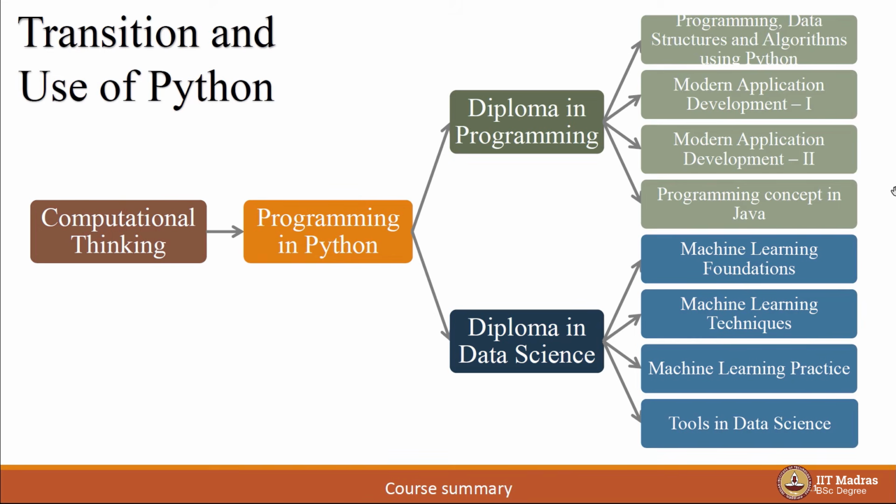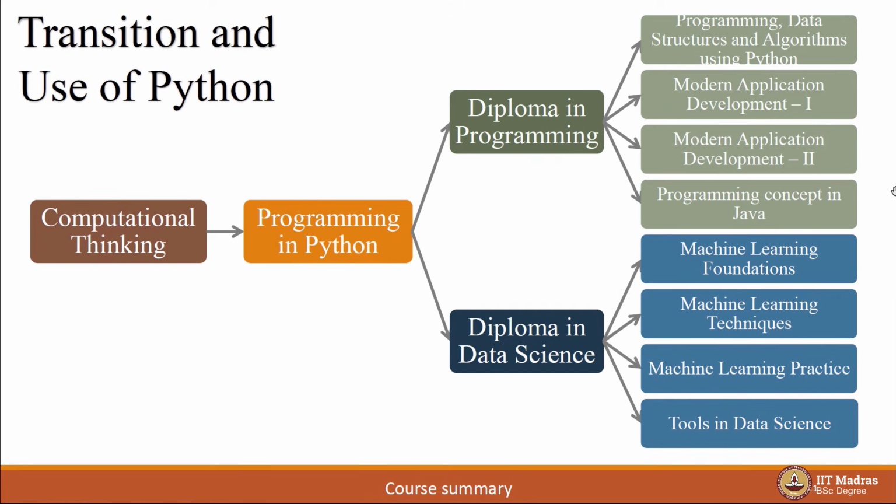For example, if we consider diploma in programming, then subjects like programming data structures and algorithm using Python, modern application development 1 and 2 will be taught using Python. Whereas concepts like exception handling, object-oriented programming, inheritance and so on, you will study once again during the programming concepts in Java course.